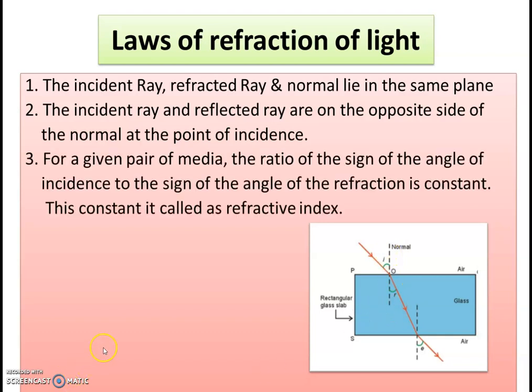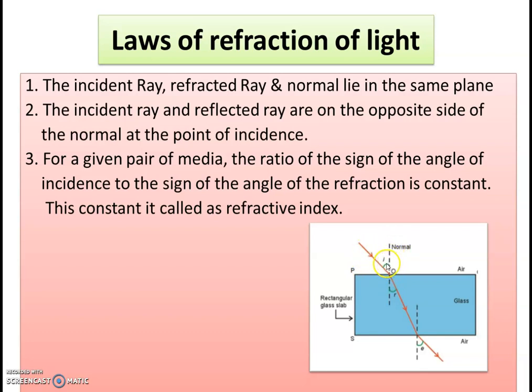Law number 3: for a given pair of media, the ratio of the sine of the angle of incidence to the sine of the angle of refraction is constant. This constant is called the refractive index. When the incident ray falls on the boundary surface, an angle is formed between the normal and the incident ray.